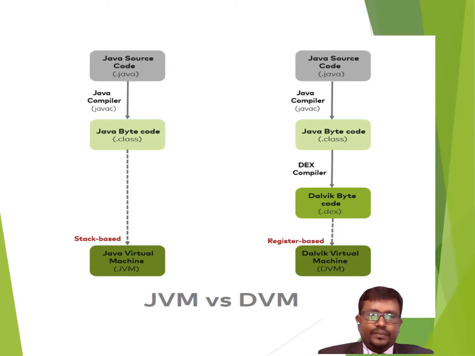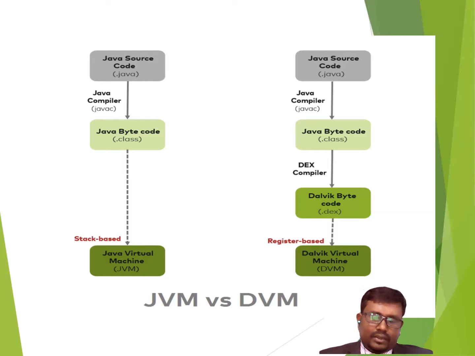Whereas if you take DVM, Dalvik Virtual Machine, here the Java code is compiled and converted into a class file, right? Again, this class file is then converted into Dalvik bytecode, a DEX file, with the help of the DEX compiler.